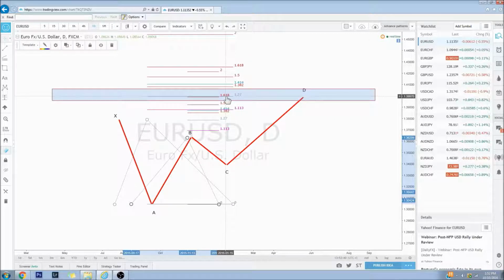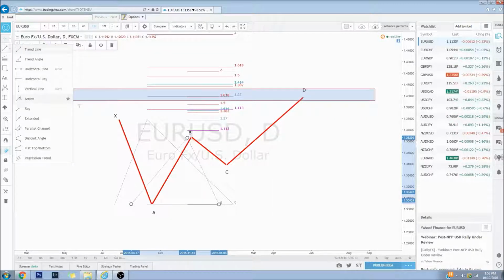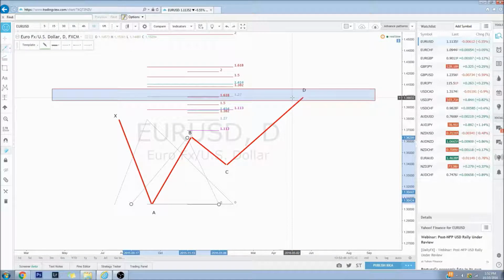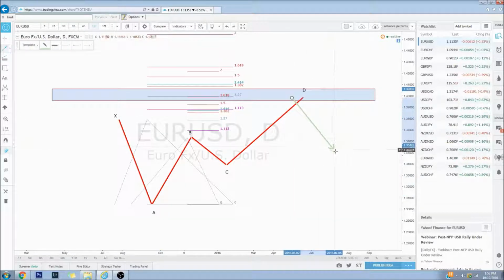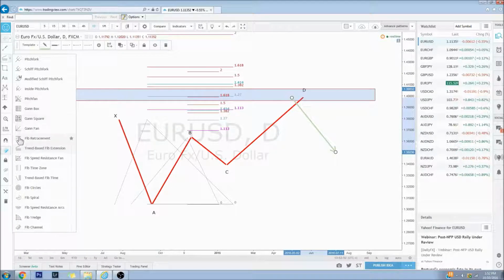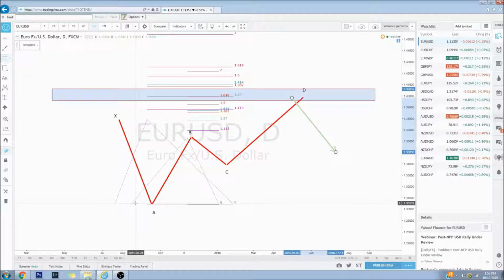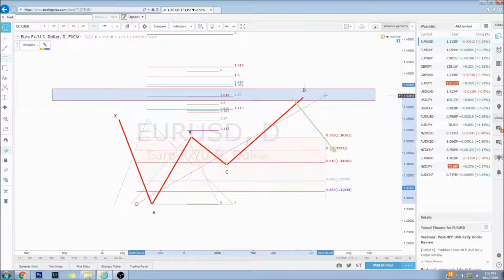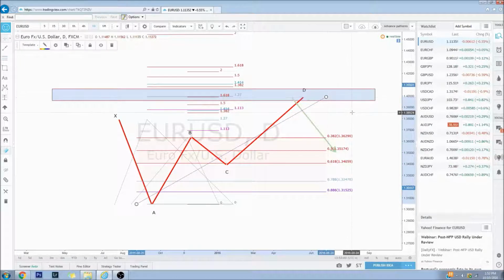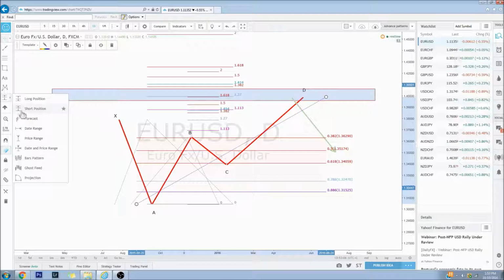So here we have the entry point to sell. We're looking to sell and come down off this point here on the D point, and we're here to take profit down. So putting in our stops, which is very important, and our targets, we go from the A to D, and we're looking for target 1 at the 382, second target the 618.